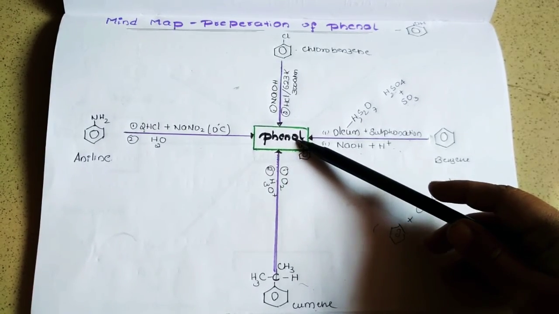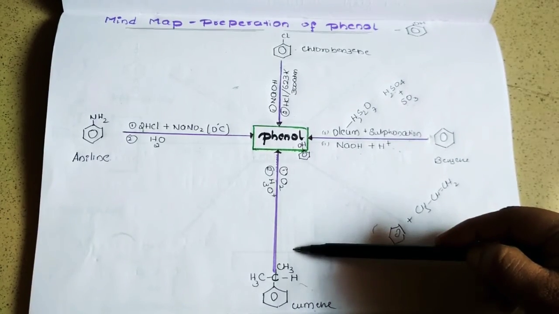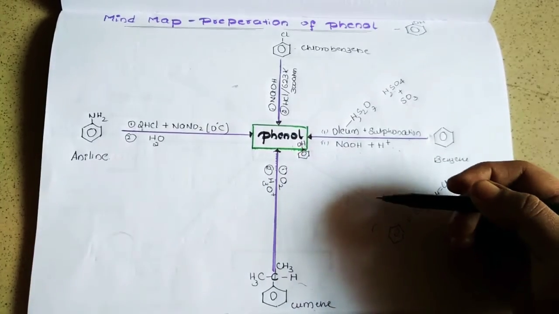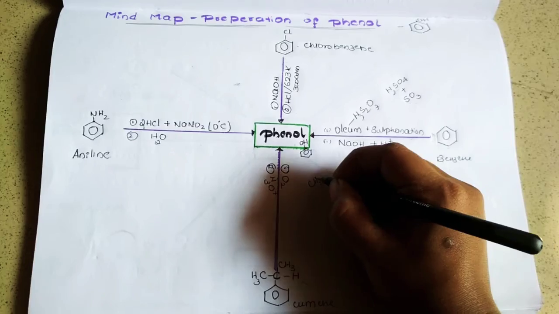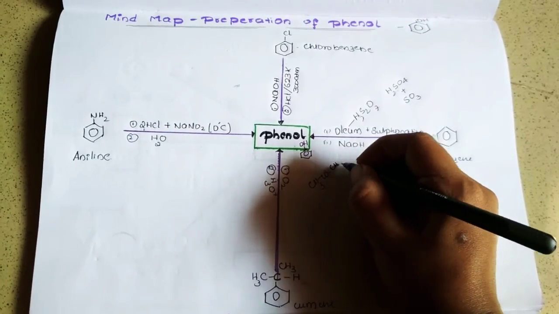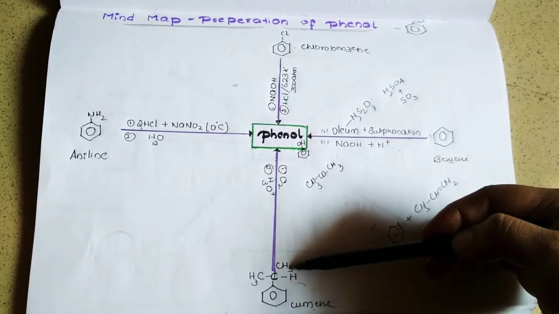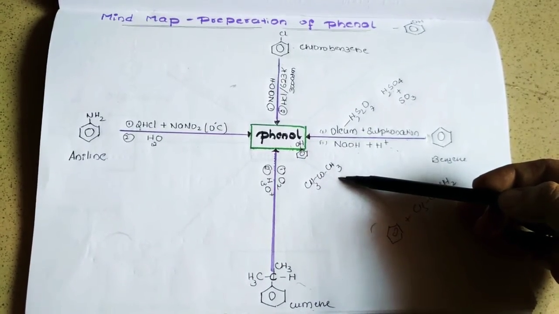gives the respective phenol, and this method is known as what? The cumene process. Why it is important is that along with phenol as the main product, we get acetone as a byproduct. See, the required product is phenol, where acetone is a good solvent.